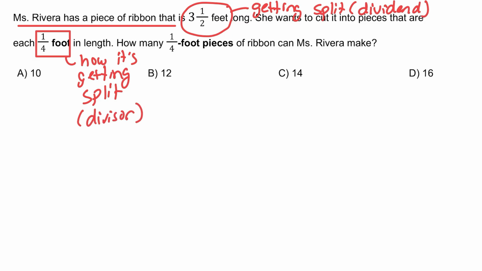And when we're writing division, the dividend always goes first. So now we're going to write 3.5 divided by our divisor, which is 1/4. But we run into another issue here. Whenever we're dividing and any of the numbers we're using is a fraction, both numbers must be fractions.